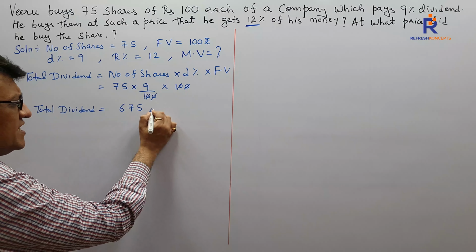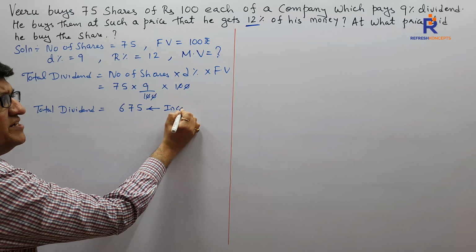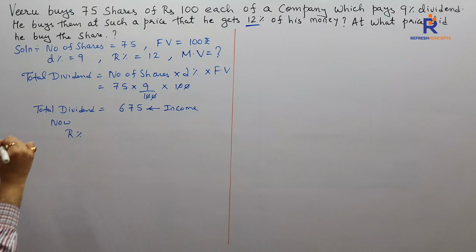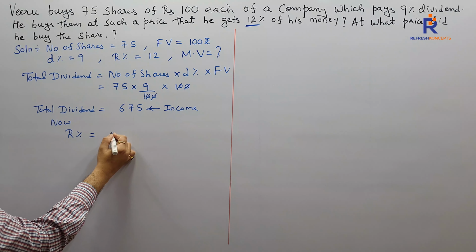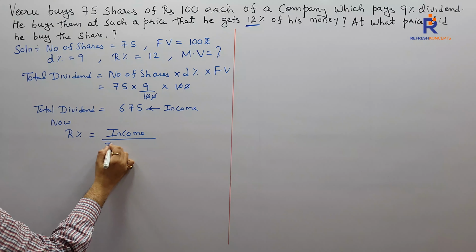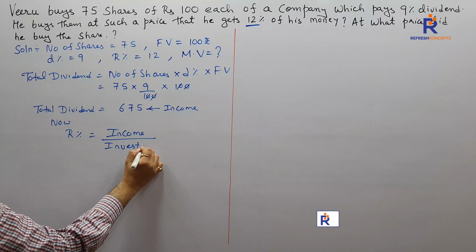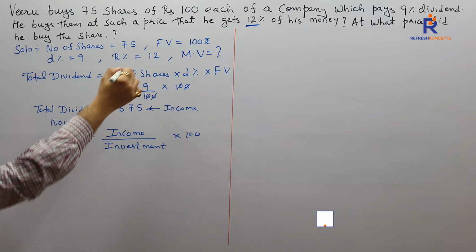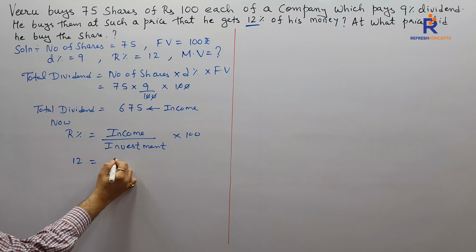This is nothing but the income in terms of dividend. So return percent is income upon investment into 100. Rate of return known to me: 12.